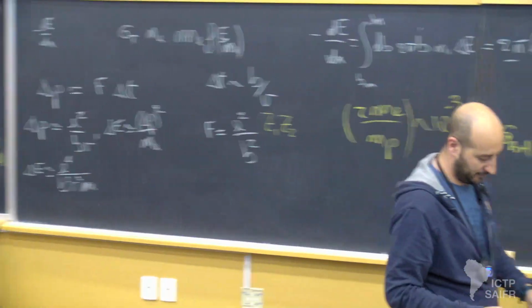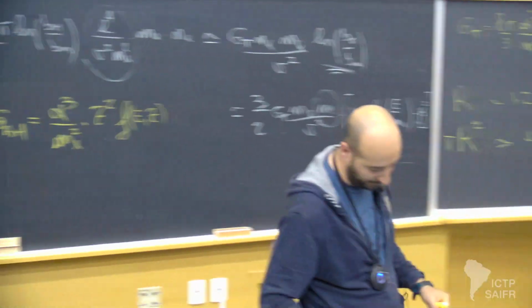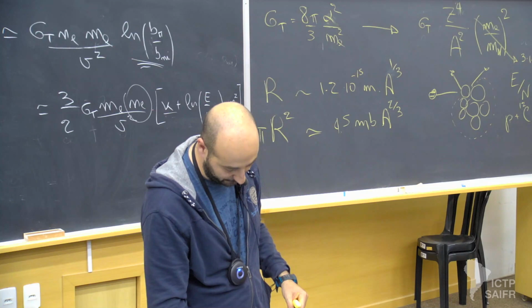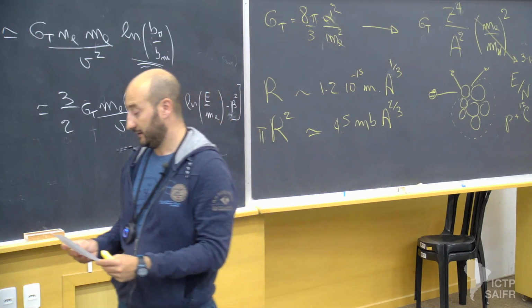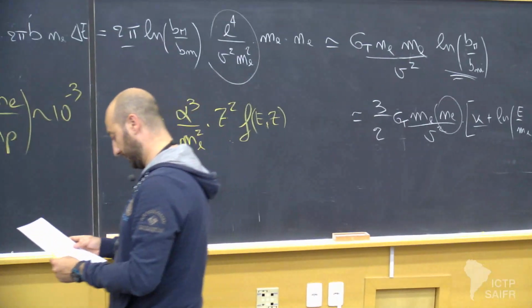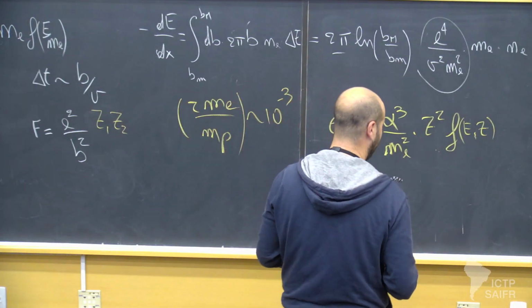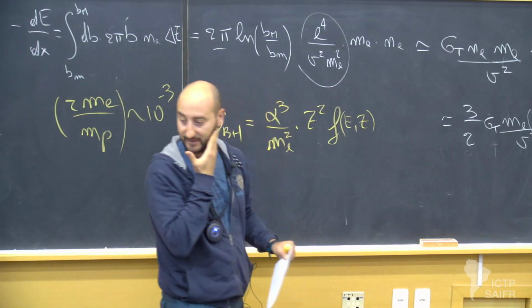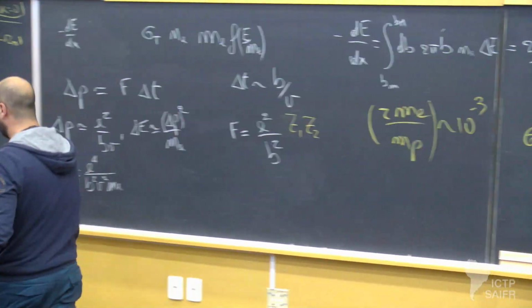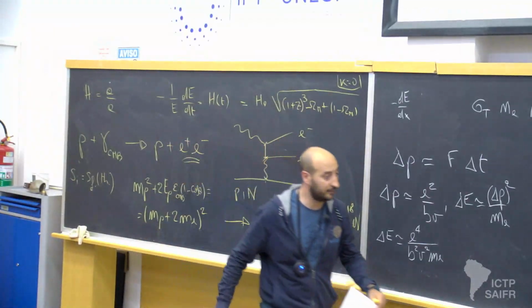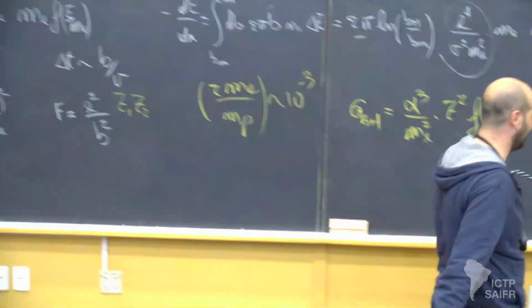Next step. There are other processes which are more important. The first process which is more important is p-gamma collision. We can repeat the same argument. Let me see. I can erase the last part here because it's not pertinent anymore.